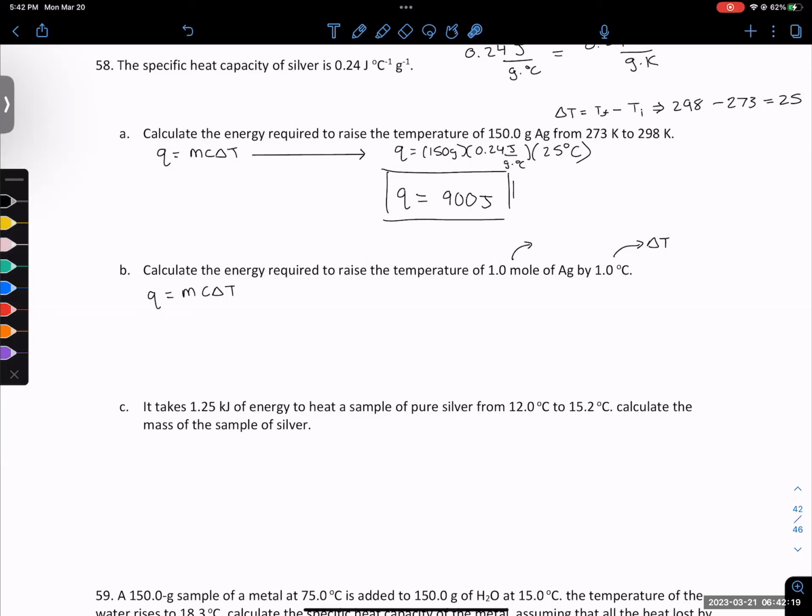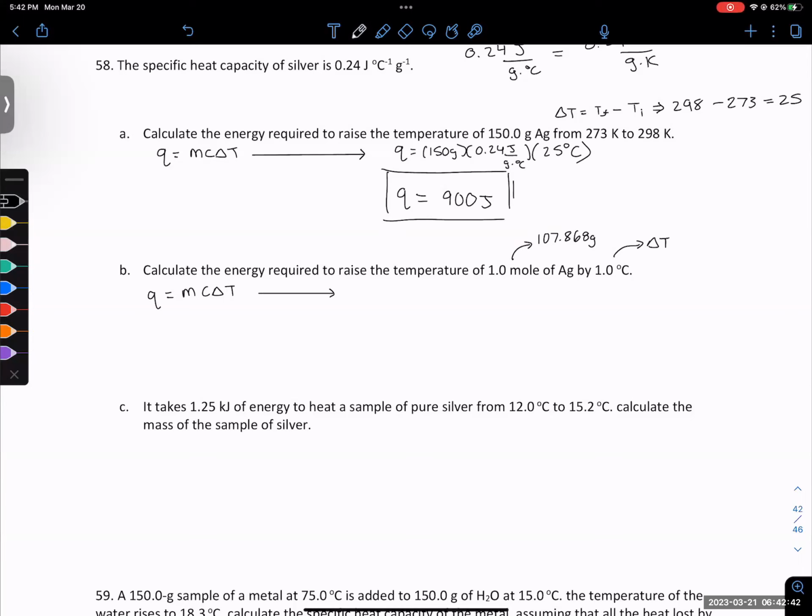So 1 mole of silver, just looking at the periodic table, has a molar mass of, what is it, 107.868 grams. All right, so now it just comes down to plugging and chugging again.